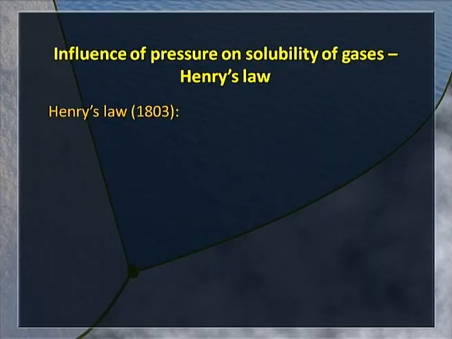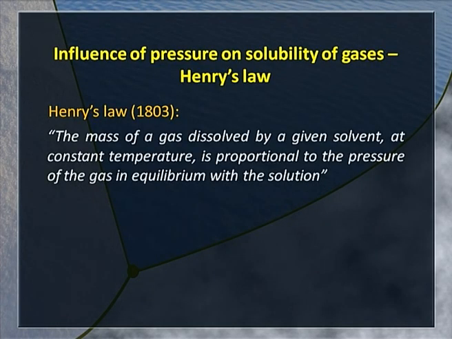Extensive studies on the solubility of gases and the influence of pressure on this was carried out by Henry, which resulted in what is called Henry's law. According to this law, the mass of a gas dissolved by a given solvent at constant temperature is proportional to the pressure of the gas in equilibrium with the solution.